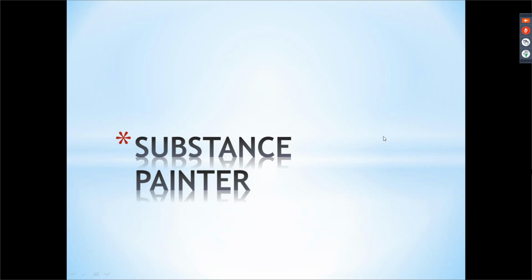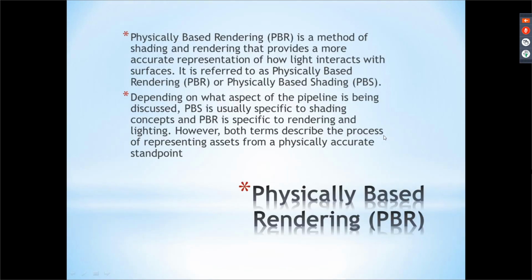Okay, so what is PBR? We can just check it out. Physically based rendering, that is called PBR. This is a method of shading and rendering that provides a more accurate representation of how light interacts with surfaces. It is referred to as physically based rendering or physically based shading.